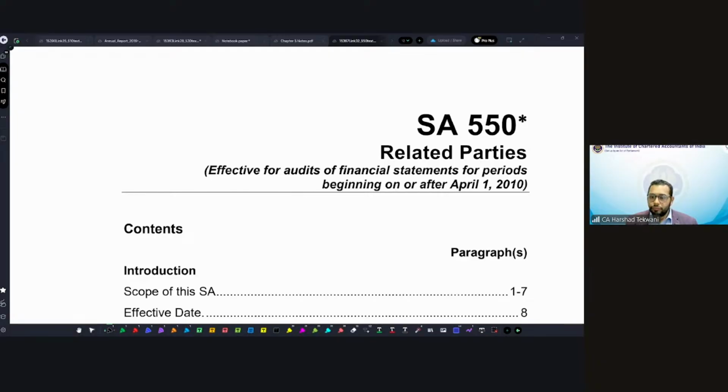So which standard will you follow for that? Control is specifically talked about in Ind AS 110, consolidation. And related party, I think Ind AS 24, I believe. Okay, Ind AS 24, or the control definition wherever it is. Anyone else with a different answer or something further to add?